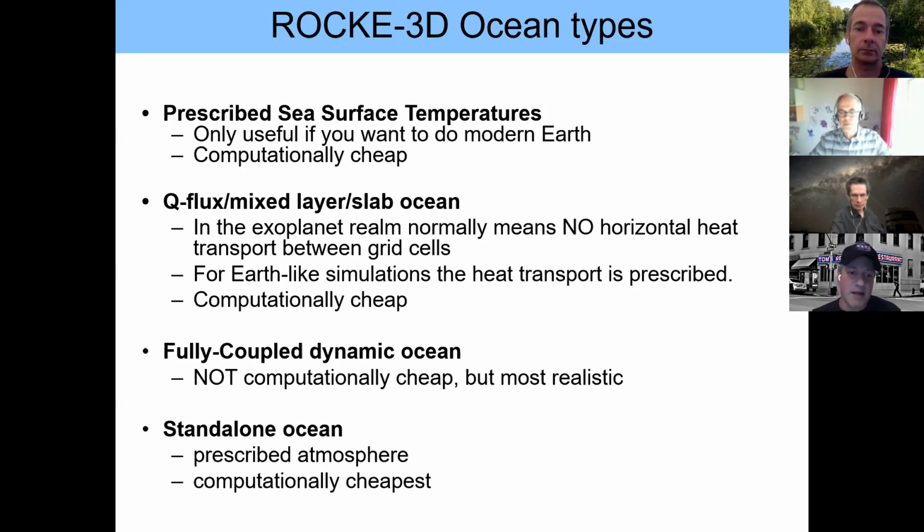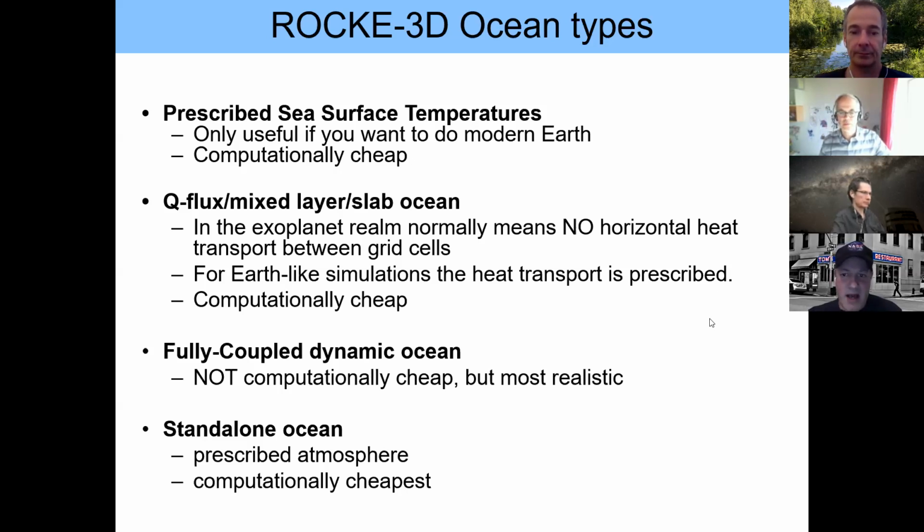As you can imagine, this is much more computationally expensive than the first two options, as the dynamic ocean has to calculate at each time step things like the momentum equation for the ocean, the vertical and horizontal mixing, the ocean tides, and there are a lot of physical processes that are calculated. But it gives you a much more physically accurate representation of the whole system.